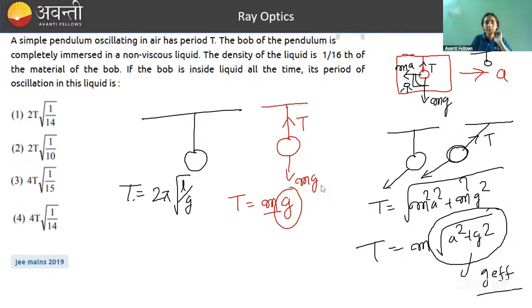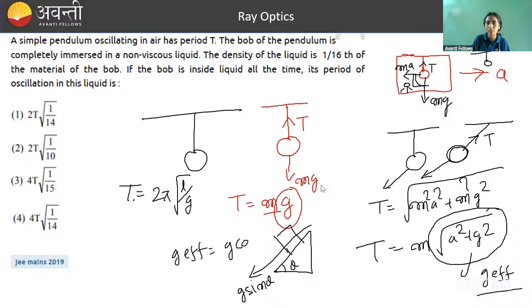Okay? Similarly, if there is a car slipping down an inclined plane, it will have acceleration of g sine theta. If this is theta, then for the pendulum here you will apply the same thing, you will calculate net force, and in this case g effective you will get as g cos theta.